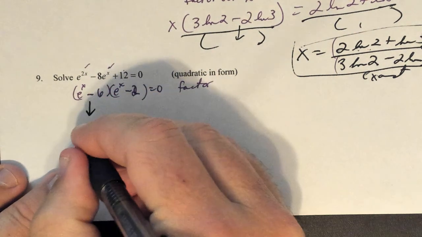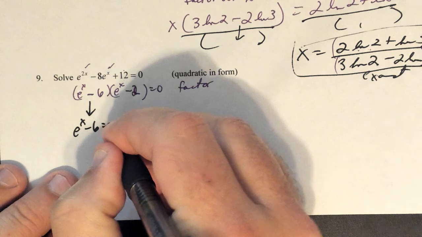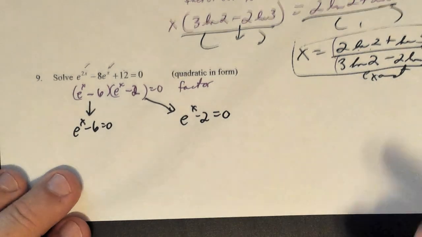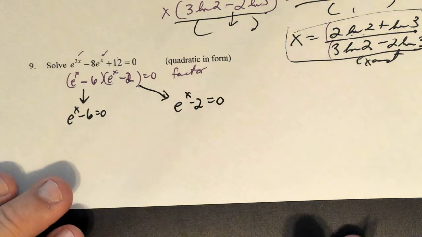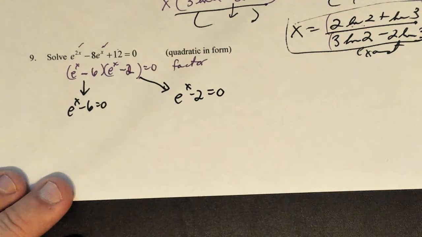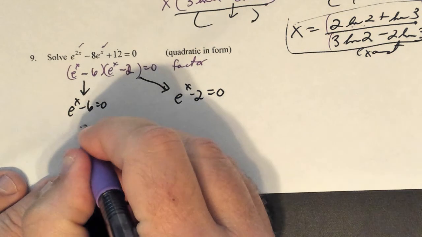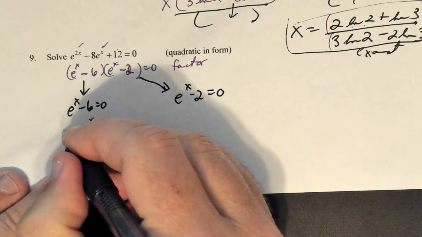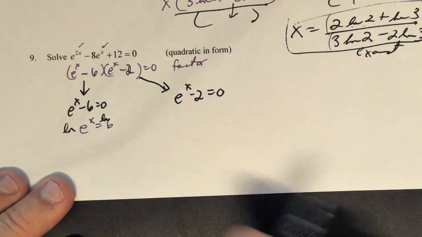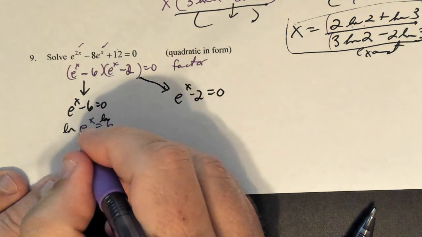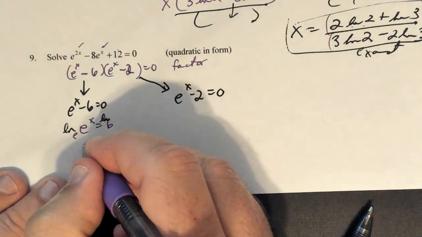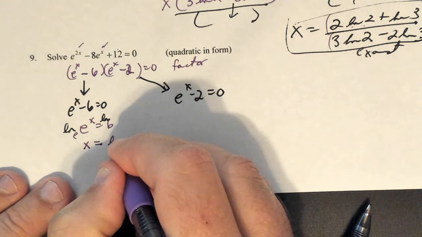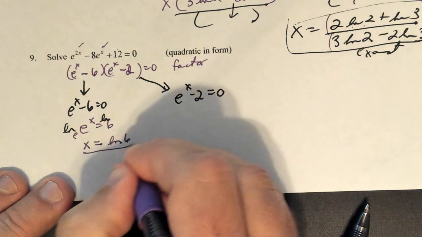Now, what are we going to do with that? Well, we're going to set this equal to 0. And we're going to set this one equal to 0. And we're going to solve for x. So I'm going to show you the first one. We're going to set this, e to the x is equal to 6. We're going to natural log both sides. And the reason we natural log both sides is because, remember, that's base e. That gives me x is equal to the natural log of 6.